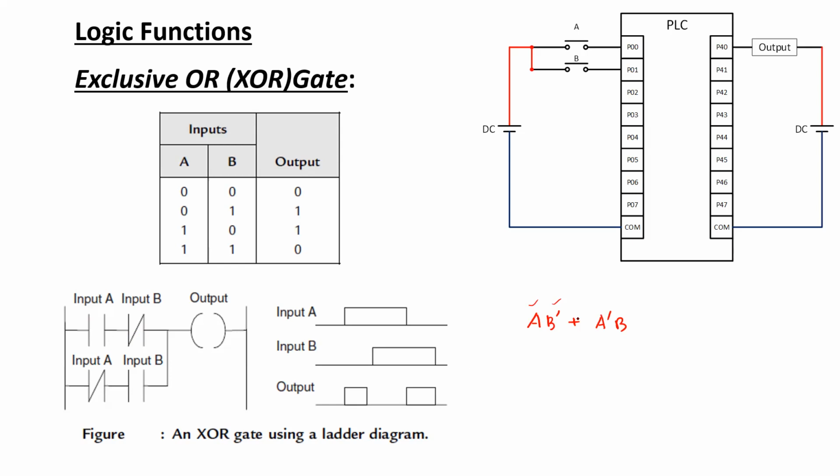On the other hand, they have an OR relation with A prime into B. So the complement of A can be represented by a normally closed contact in series with a normally open contact associated with B, and these two branches can be connected in parallel in order to form the XOR logic.